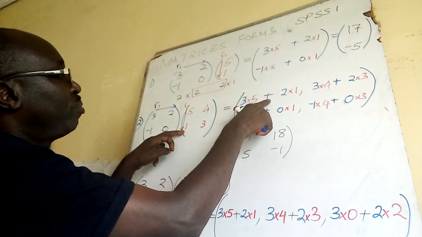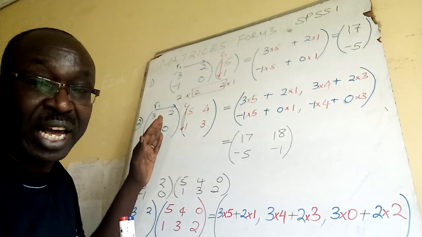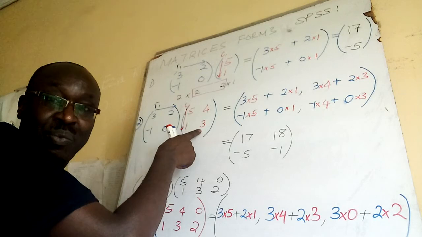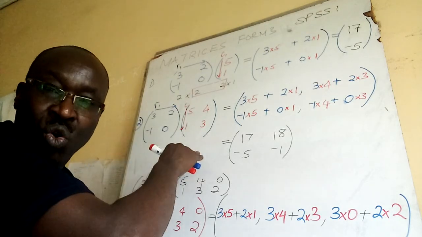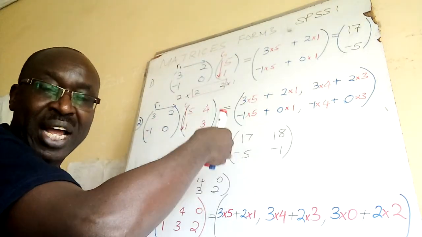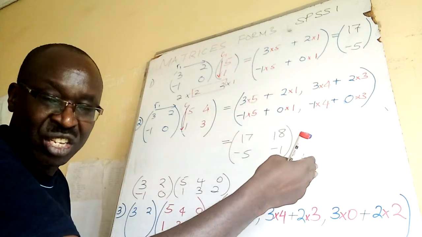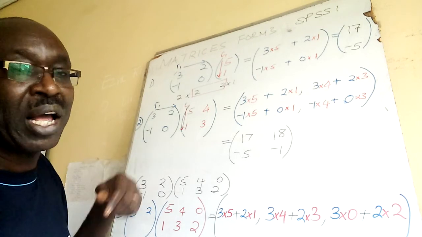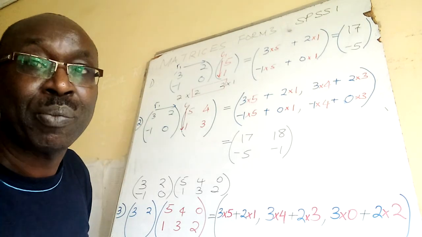We add. Now you realize this time round, unlike the first example, there is still another column. So you use a row multiplied by the columns that exist. Now I will use the same row but multiply by the second column.